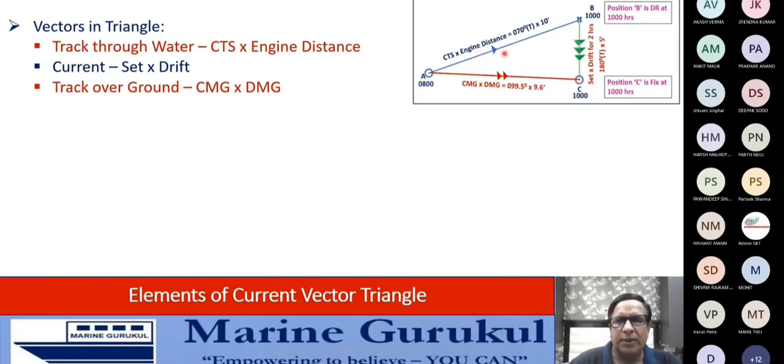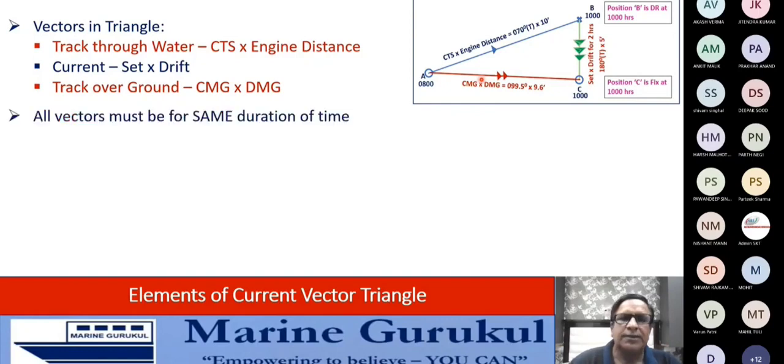CTS vector is represented by 1 arrow, current vector by 3 arrows, and course made good vector by 2 arrows. It's imperative that in this vector triangle, every vector has to be for the same duration. So whatever is the duration of one vector here, all the vectors will have the same duration.